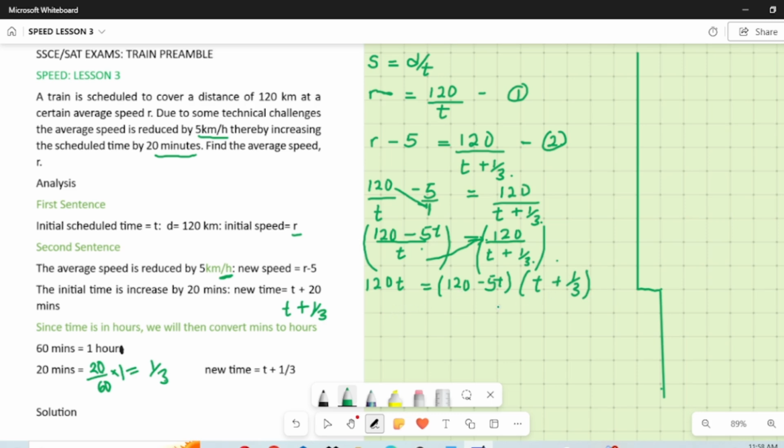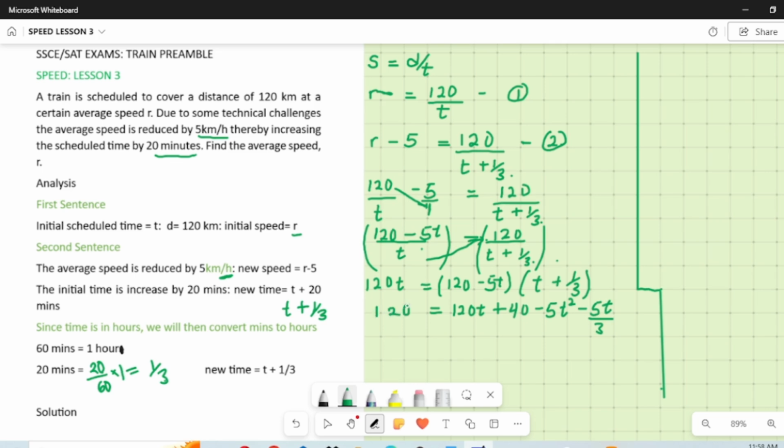So 120 multiplied by t is 120t. 120 multiplied by 1/3 is 120 divided by 3, which is 40. Minus 5t multiplied by t is minus 5t squared. And minus 5t multiplied by 1/3 is minus 5t divided by 3.